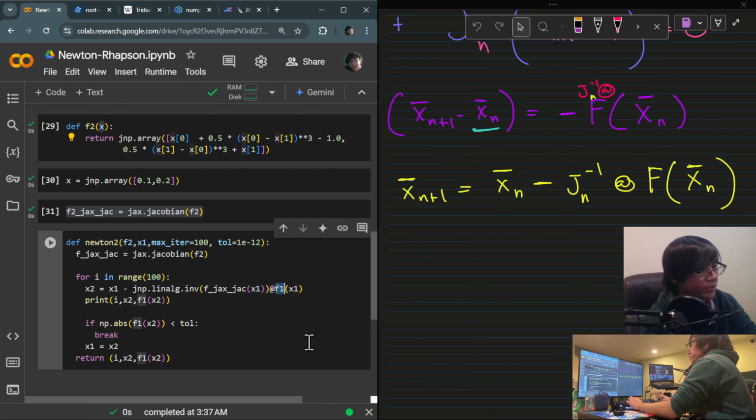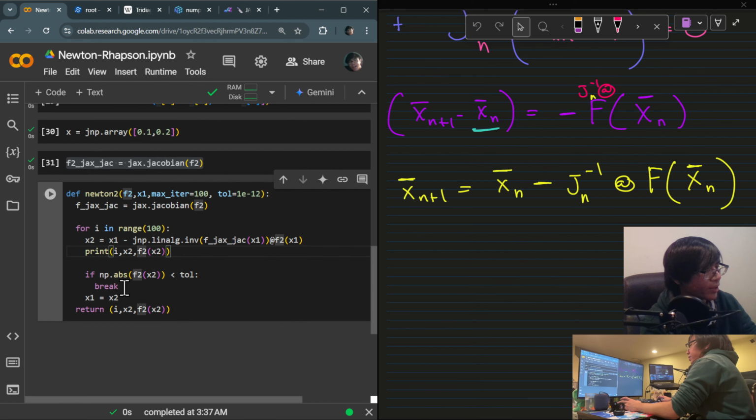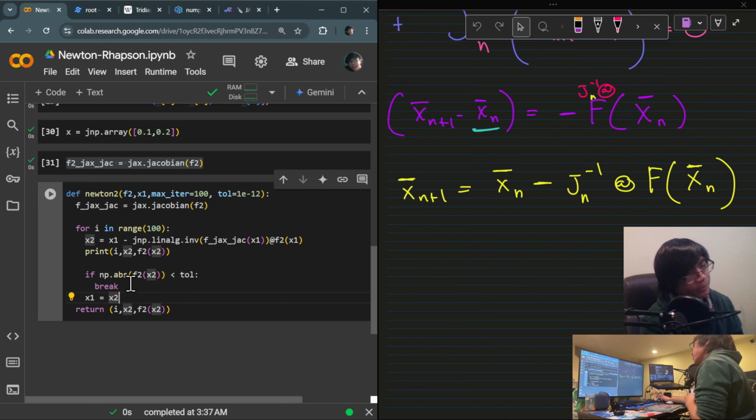I changed it all to f2. Okay, there we go, as I was being explicit up here. What else do we have? Printing it should be fine. It won't be an absolute value this time because it will be a set of two components. So instead we should do the norm.